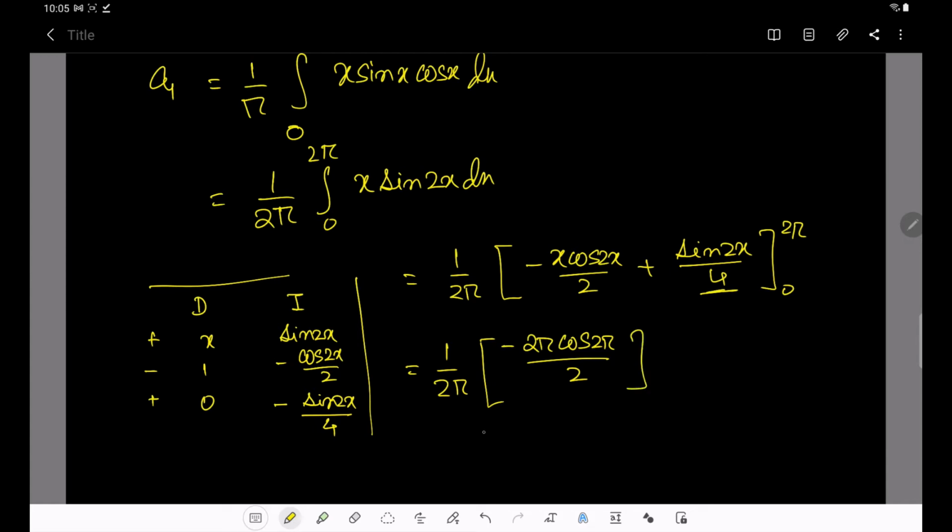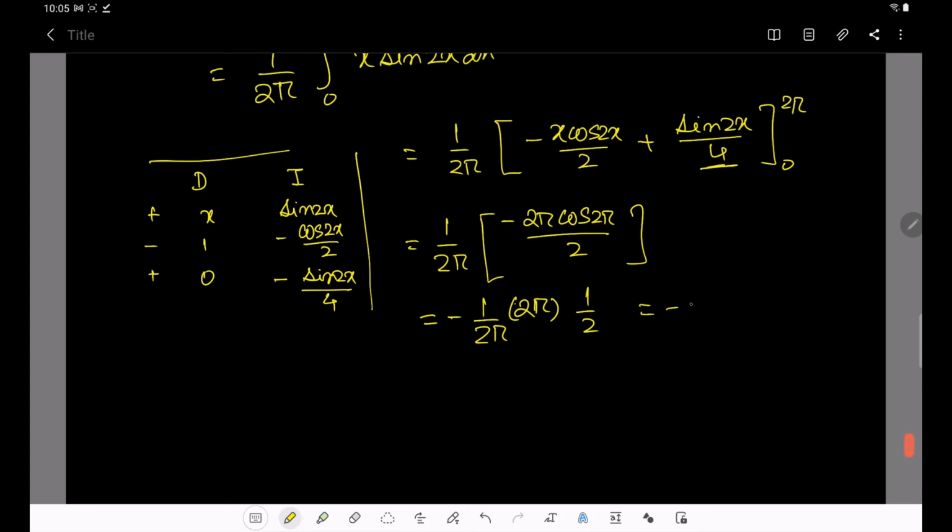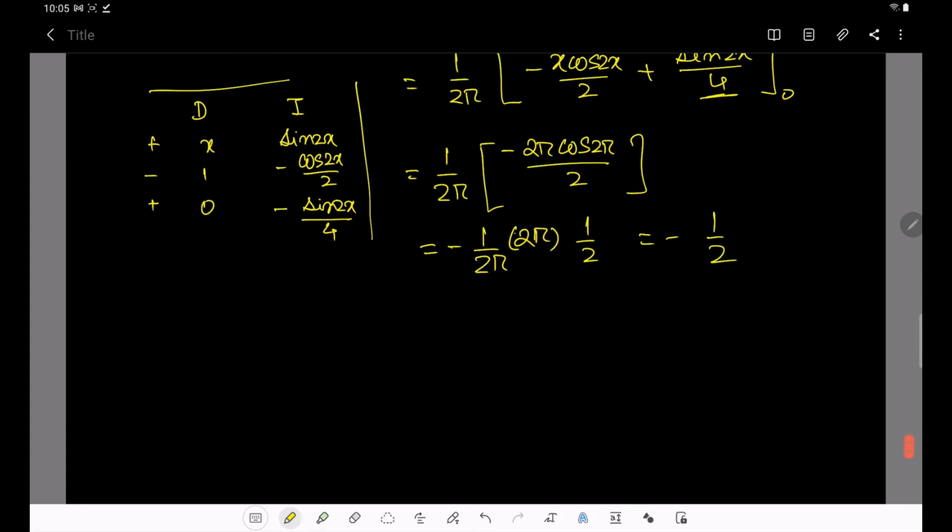So this is the thing, and that minus 2 pi will come out of the integration, and it is half. So ultimately we are getting minus half. So a_1 is equal to minus half.